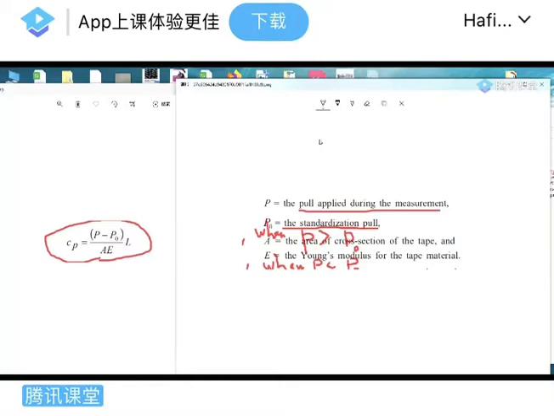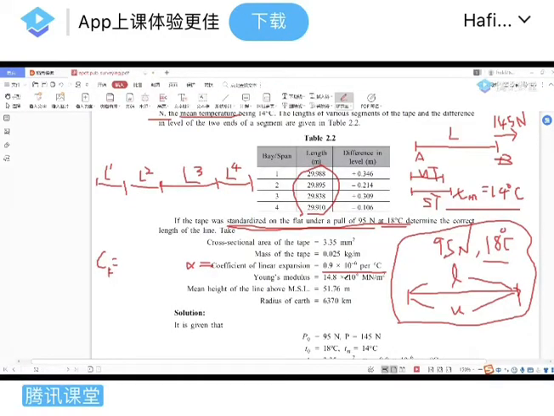If the whole tape is a big chunk, it has less effect. So it is inversely proportional. And as for E, you need some explanation from the physics, so we skip E, but the other parameters are easy to understand. So you can take this as already known. Okay.